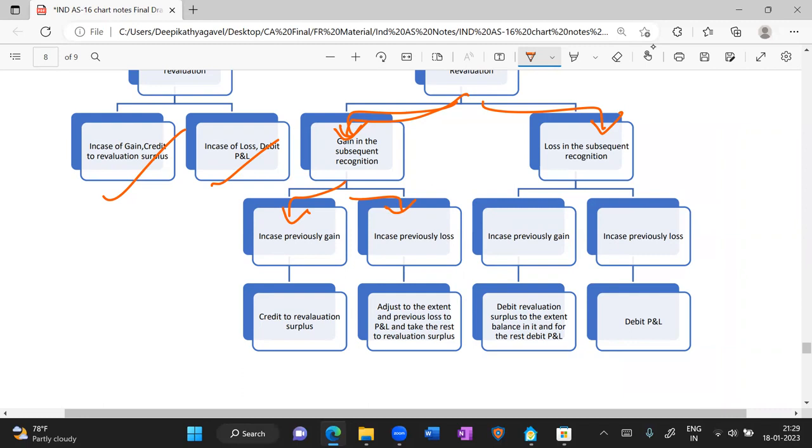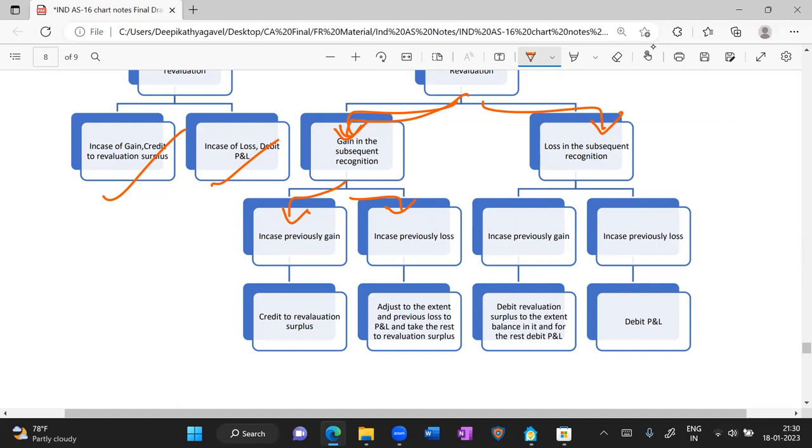So the standard is telling that now, if you have a gain, to the equivalent amount, you take the gain also to the P&L. Because last year you had a loss, you offset it with the gain this year. And if you have any surplus gain, then you take it to the revaluation reserve.